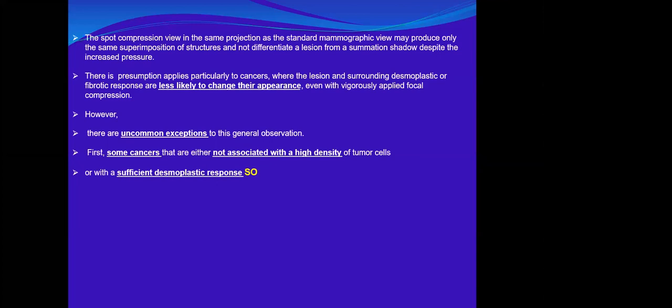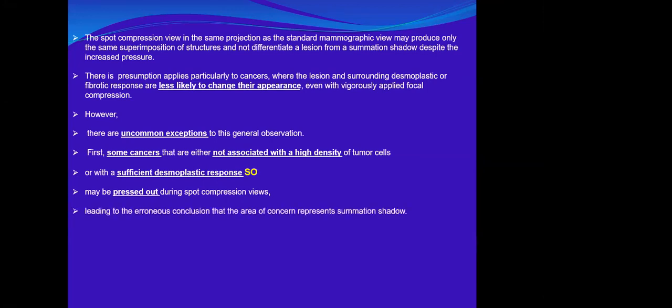Also, some cancers might not have sufficient desmoplastic response, so it might slightly spread away on spot compression because it is less dense or has less associated desmoplastic reaction. So this definitely might lead to the erroneous conclusion that we are not dealing with cancerous tissue.